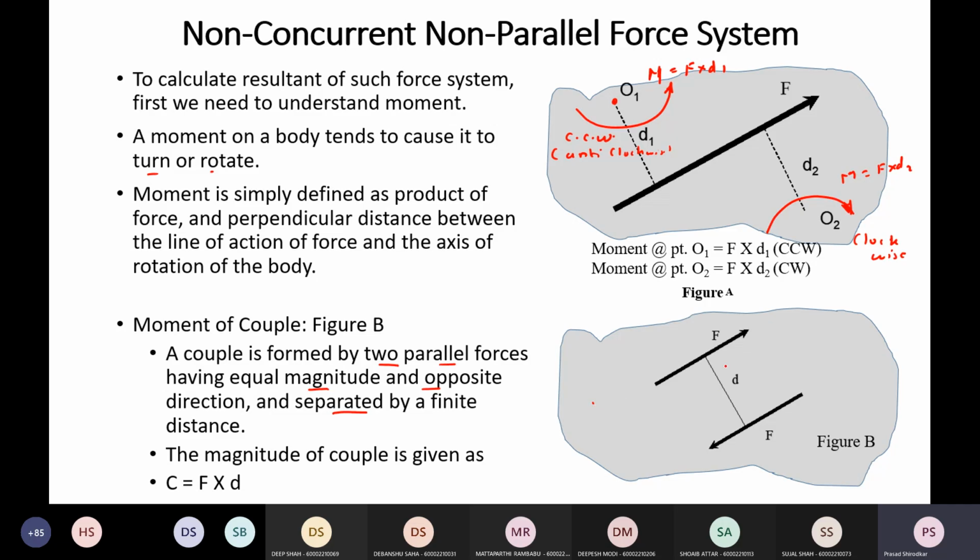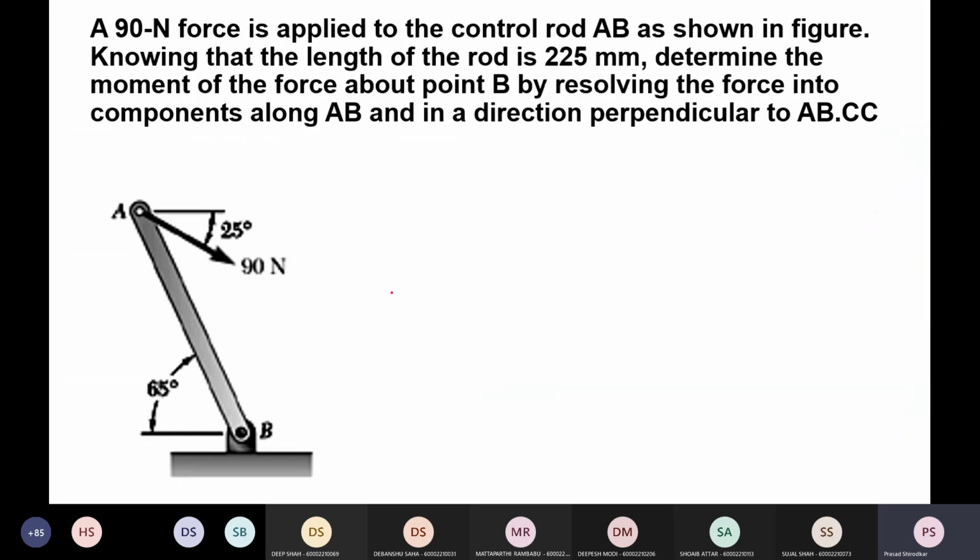Resultant moment will be force into the perpendicular distance. So this is a slightly derived concept of moment. These two things you need to know when you are calculating the resultant of a non-concurrent, non-parallel system. So let's do a small example and try to calculate moment.